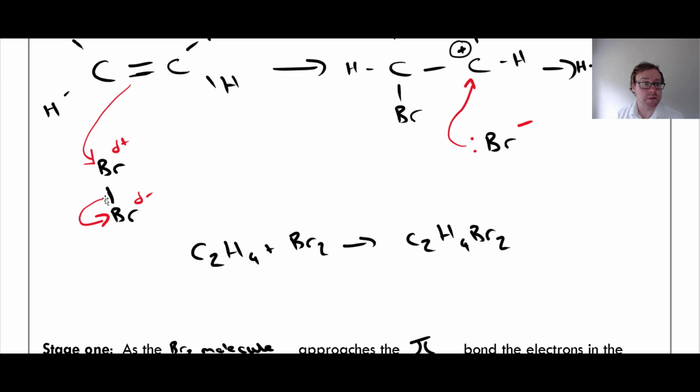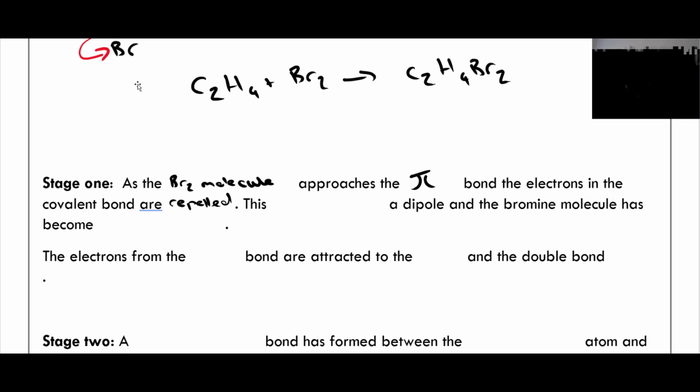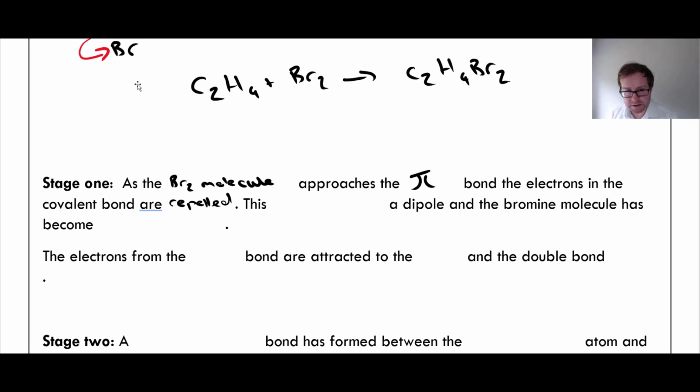So it's talking about these electrons here. So the electrons here are repelled because they're approaching this double bond. This induces a dipole, and the bromine molecule has become polarized.